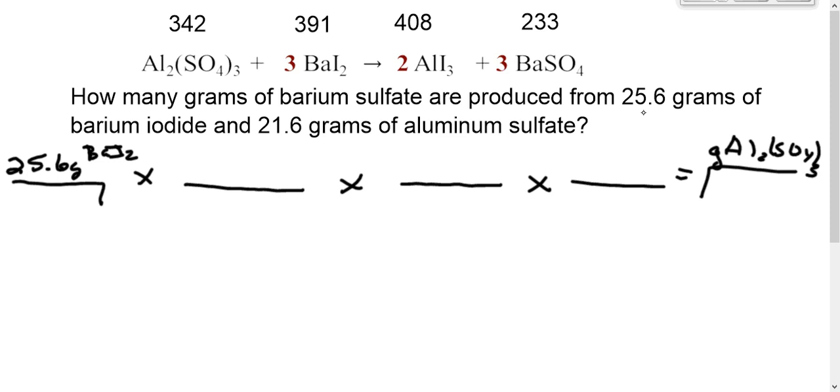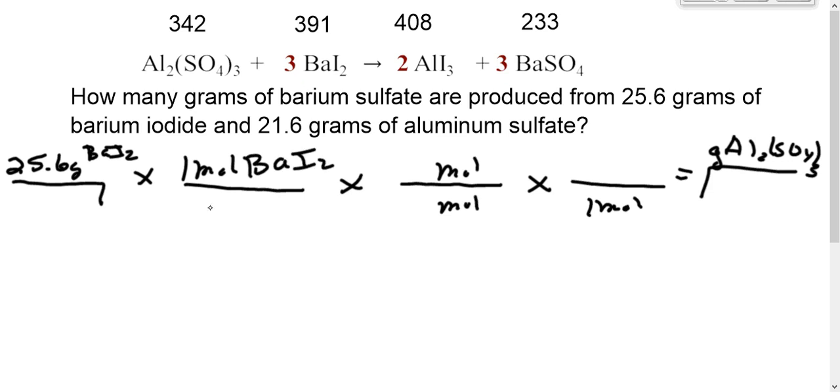Now notice how there's actually a little bit more grams of barium iodide than aluminum sulfate, but we cannot compare grams. We've got to go through stoichiometry. Okay, so I'm going to put the 1 mole here. I'll put mole over mole in the middle immediately, and I'll put 1 mole down here. Now we're all about barium iodide over here, so I'm going to put BaI2 here.